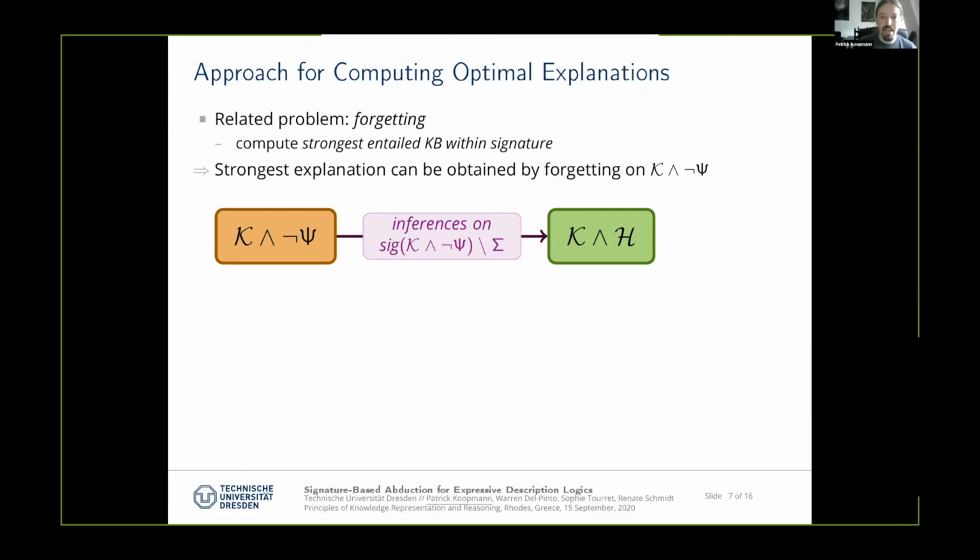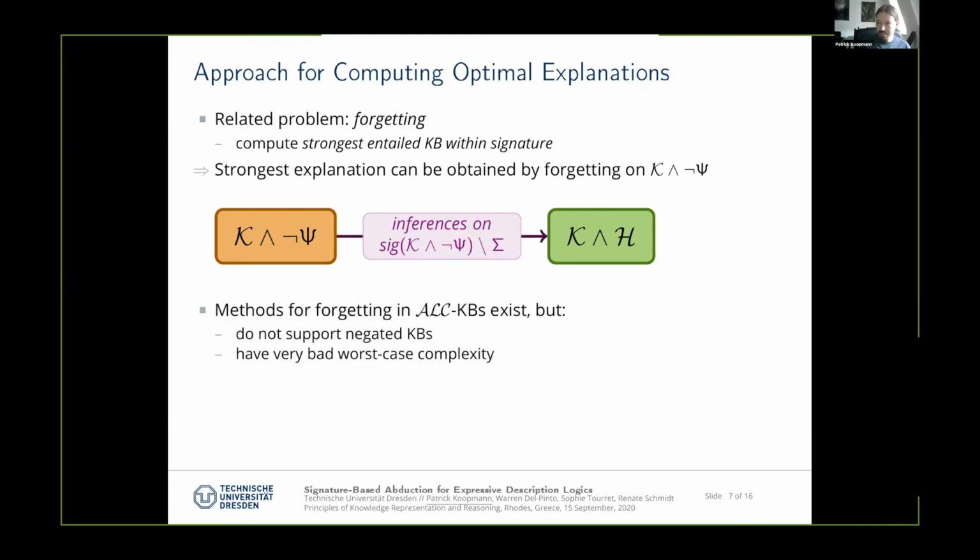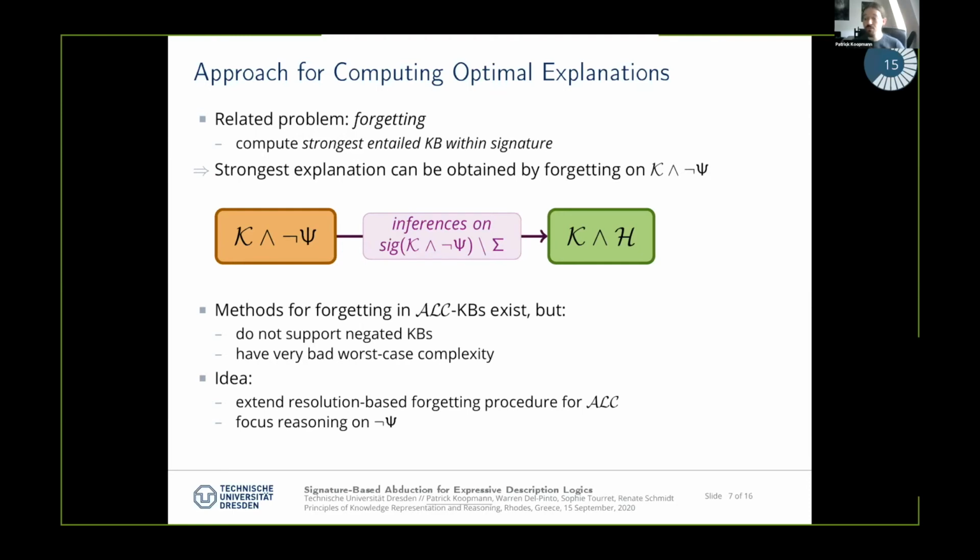And indeed, there are methods for forgetting in various description logics, including ALC knowledge bases, but there are some problems. First, they do not have the expressivity to express something like that. And second, they behave relatively badly in practice if we want to deal with arbitrary inputs, which is why we have to think about some optimizations if we want to be able to solve this problem practically.